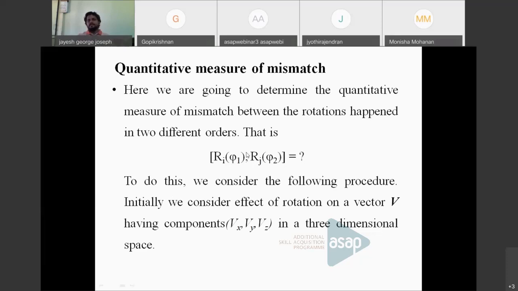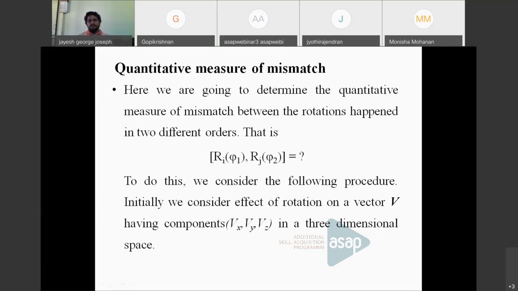To what extent are these two deviating? Initially we are taking Rx Ry minus Ry Rx. That quantity we want to determine. It is a quantitative measurement of that mismatch. To do this, we consider the following procedure.